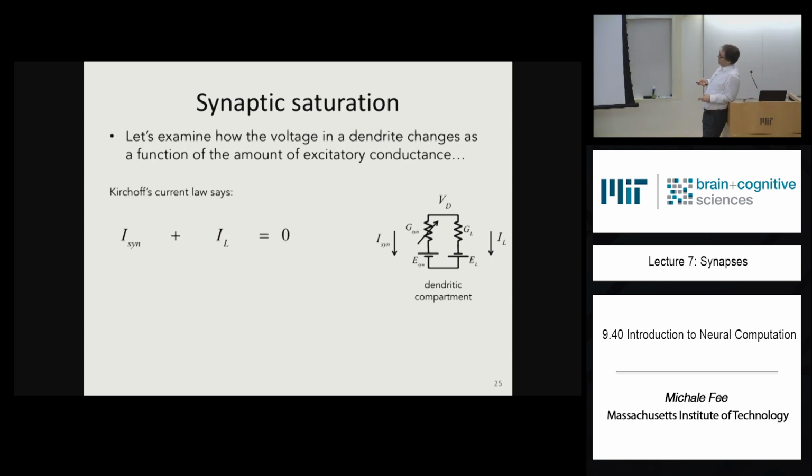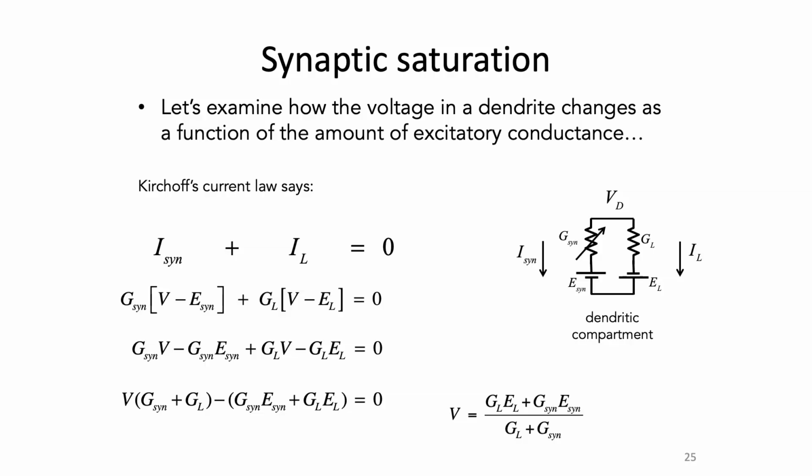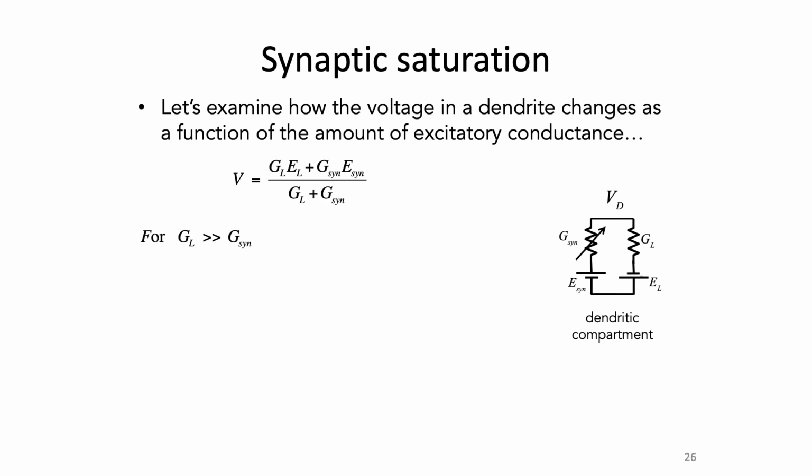I was going to show you the derivation of this. It's very simple. You just write down Kirchhoff's current law, substitute the equation for synaptic current and leak current, and solve for voltage as a function of G synapse. You can write down an approximation for the case of G synapse much smaller than G leak, and what you find is it's linear.